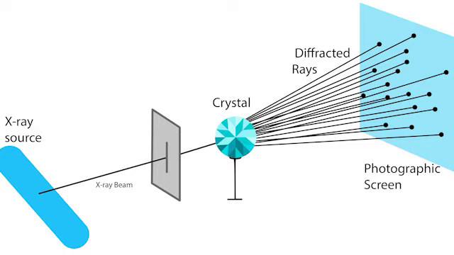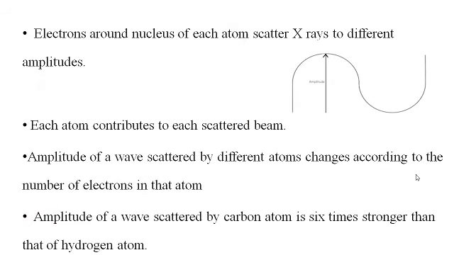The atoms that are present in this crystal, depending upon the number of electrons that are present in the external orbitals of these atoms, then diffract the X-ray beam in different directions. And here you can see the different intensities and the different sizes of the black spots that are formed on the X-ray film.